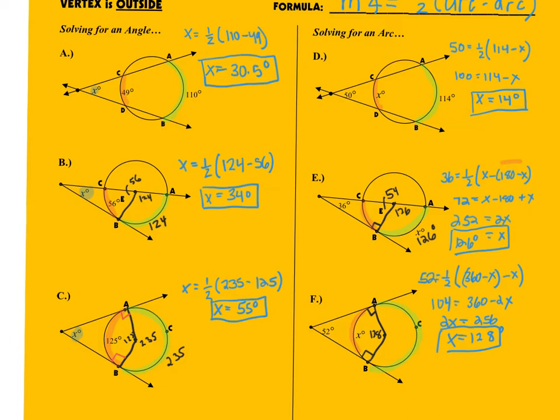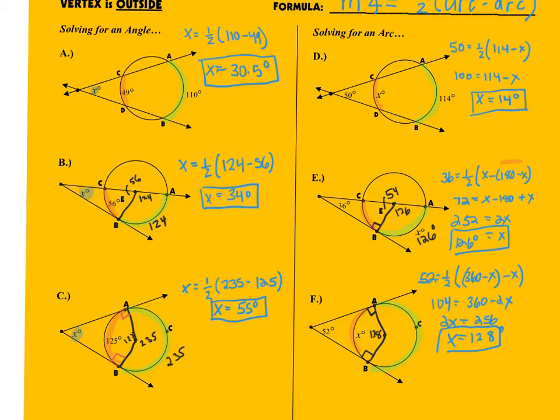So we can use this formula not just to find the angle, but also to find the measure of the arc. Okay. All right, if we look at the next one here, once again, it all depends on how you see and approach the problem. If I look at this, I would draw from point B to the center of the circle and draw in that radius, and that would make this a 90-degree angle.